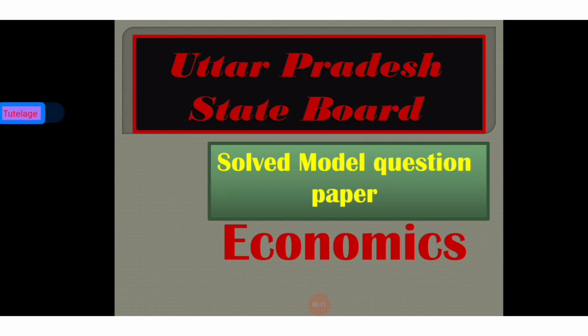So, learners, in my previous sessions, we have already discussed some question answers on economics of the Karnataka State Board. You all know why we are discussing it. State board schools are one of the most important educational institutions in every state, so we do not ignore it.